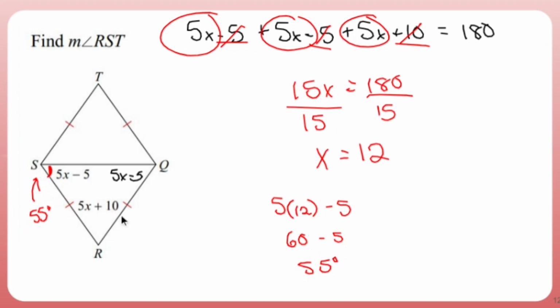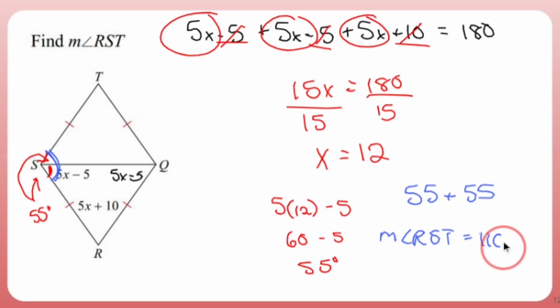Now, since this is a rhombus and this diagonal cuts this guy in half, that means both of these are 55 degrees. And in order to find the whole thing, I take 55 and add it to itself, meaning that the measure of angle RST, which was that whole thing, is 55 plus 55, which is 110 degrees.